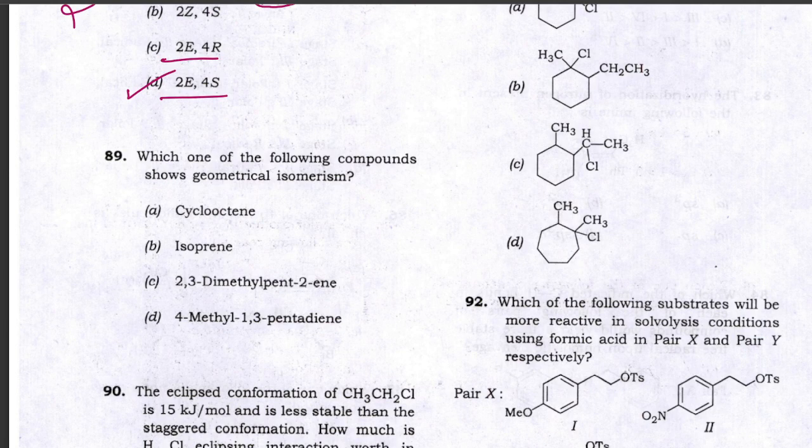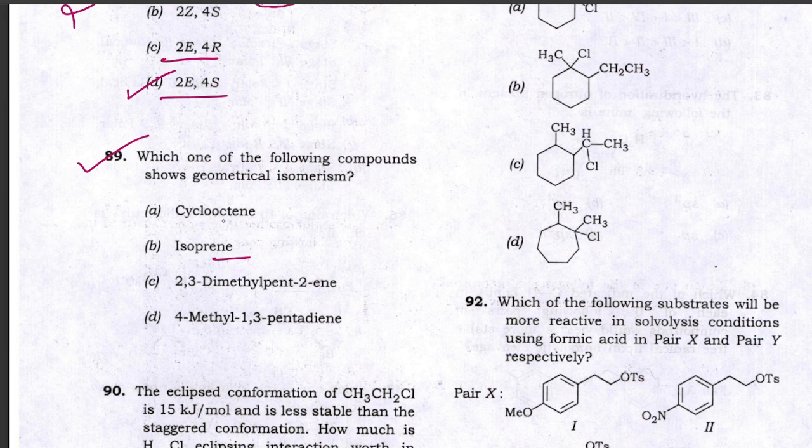Now question 89: which one of the following compounds shows geometrical isomerism? We know that geometrical isomerism is cis and trans isomerism for a double bond, and isoprene does not show any geometrical isomerism. 2,3-dimethyl pentane, it's not.